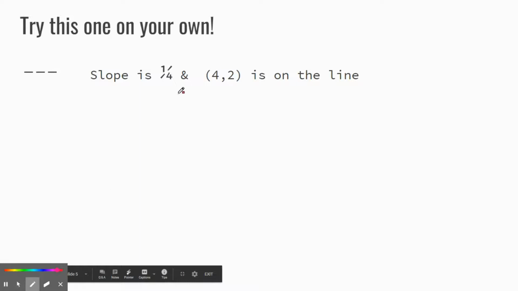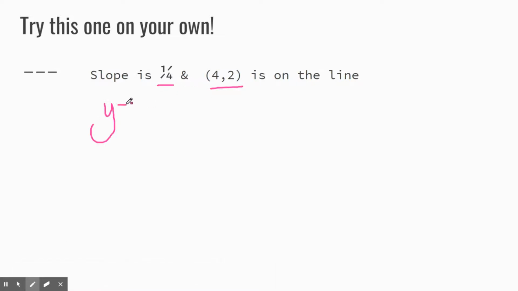All right, for this next one, again, I know my slope and I know a point, so I'm going to write my equation. y equals mx plus b. I'm going to plug 1/4 in for m, so I now have y equals 1/4 x plus b. Now I'm going to plug in my 4 for x and my 2 for y.